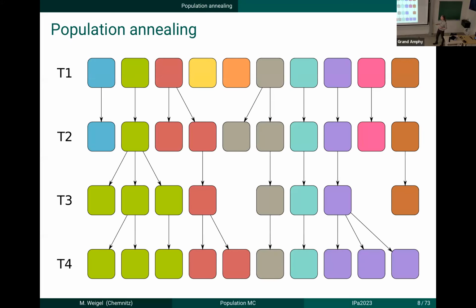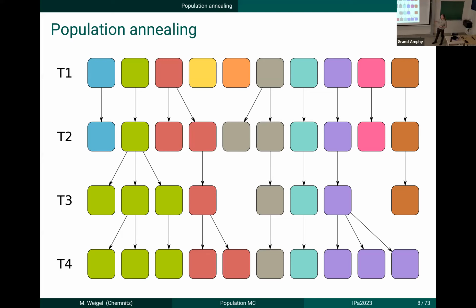The basic idea is illustrated here in another cartoon that is deliberately similar to the cartoon for parallel tempering, because the algorithms are, in fact, in some sense, quite similar to each other. What we do here is we also have several copies of the system, but this could be a large number of copies. We're talking about 10,000, 100,000, maybe millions in some cases.